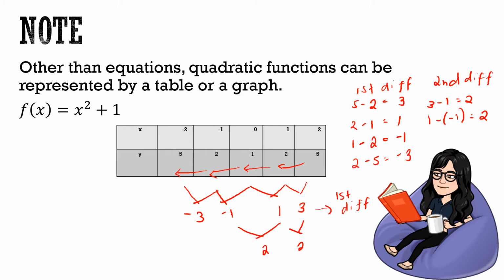Take note, since the operation is subtraction and followed by a negative number, this will become positive. Then, we have negative 1 minus negative 3, still positive 2. As you observe, the second differences are all equal. Therefore, the given table is a quadratic function.